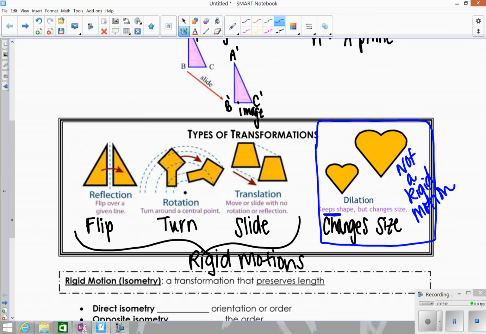There's 2 types of isometries. There's something called a direct isometry and then an opposite isometry. A direct isometry means that the orientation is going to stay the same. When we talk about orientation, that's the order, which really means the order of the letters. So order of letters stays the same.